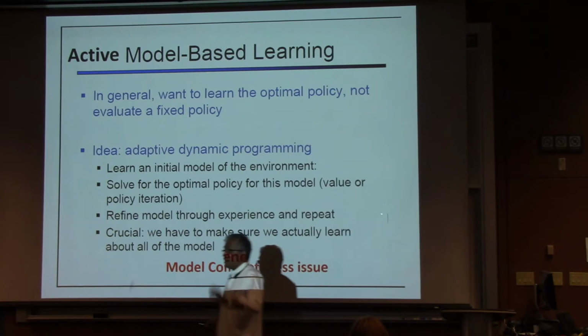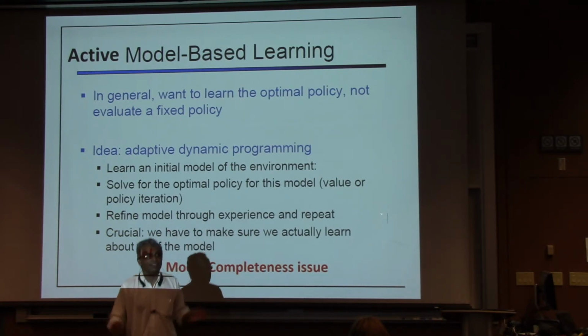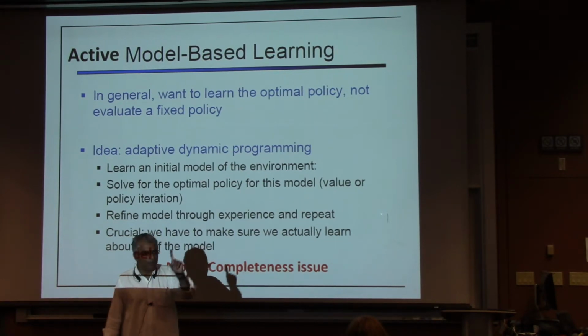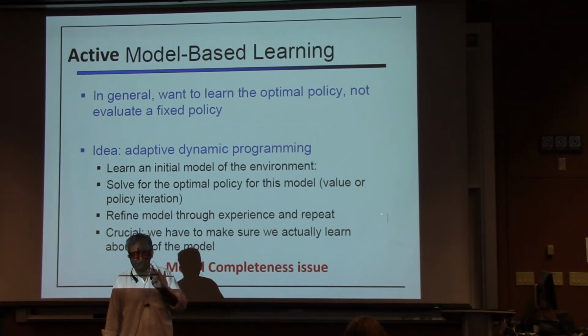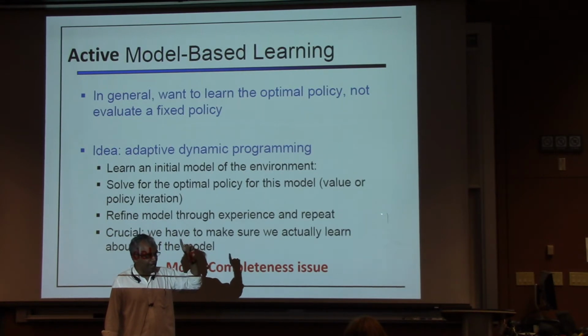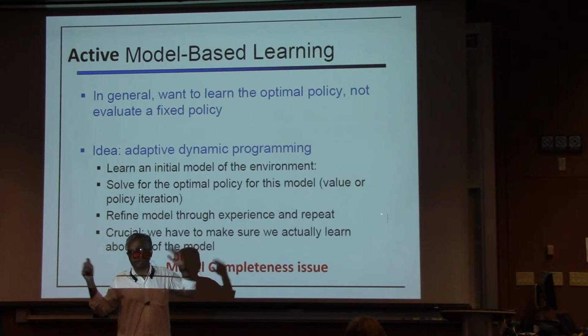Now, instead of doing the V pi calculation, I do the V star calculation. They're just two different calculations. If I give you R, T, and pi, you can compute just the value of that pi. If I give you R and T alone, you can directly compute the value of the optimal policy.